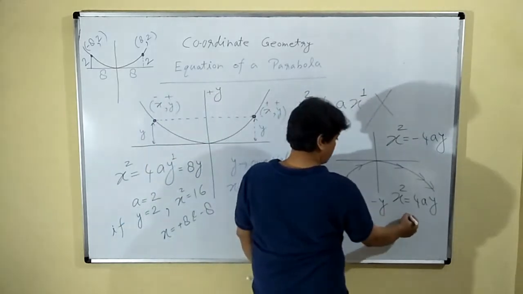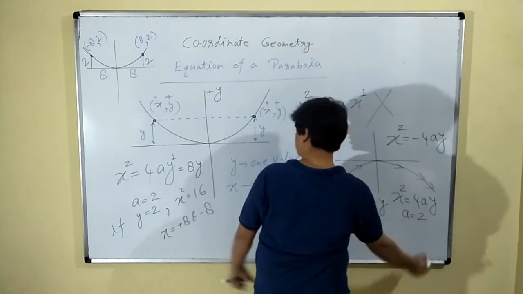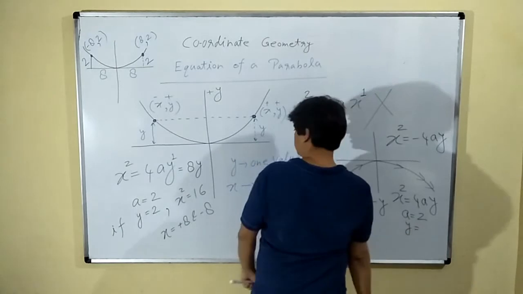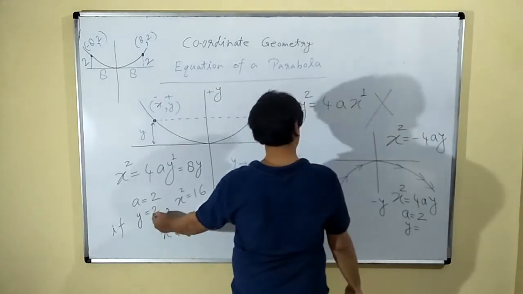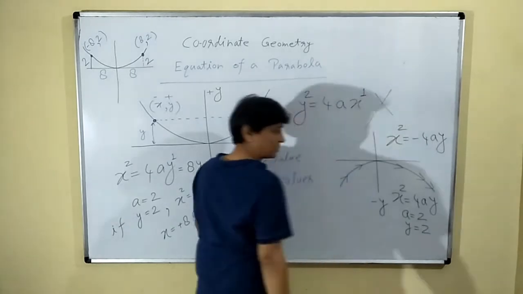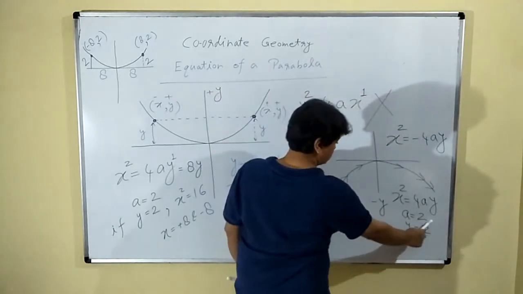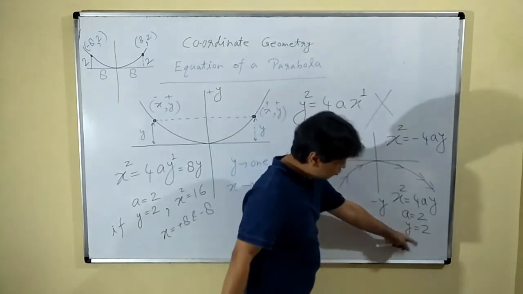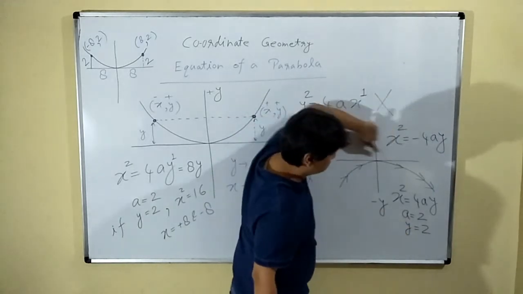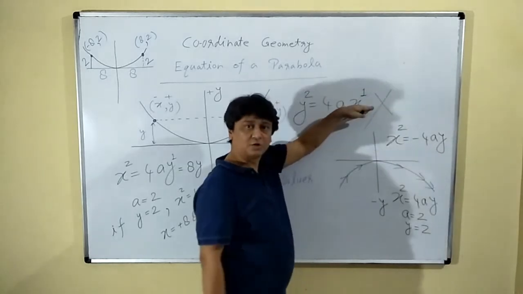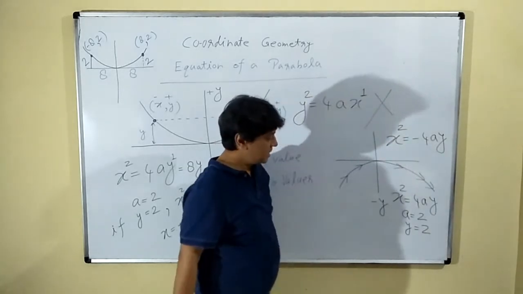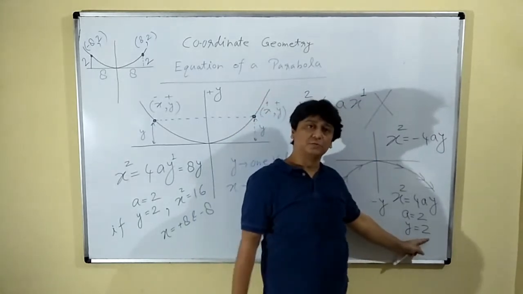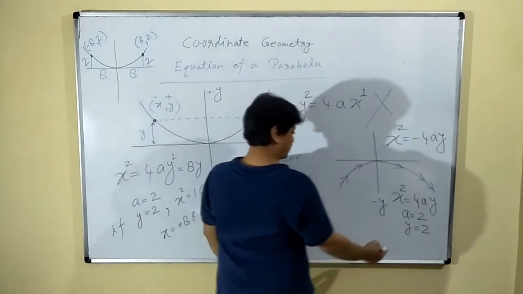Now if a is 2, just like this, and y is also 2, then y equals to 2 means you're talking about this region above the horizontal axis, above the x-axis, and if you are above the x-axis, your y coordinate cannot be plus 2, and therefore you must take y as what?